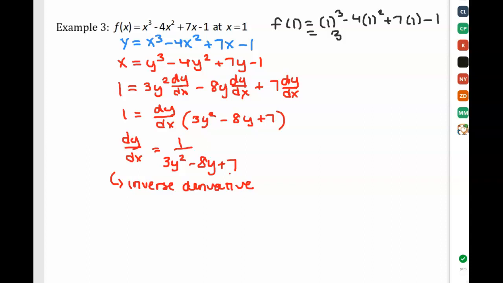So f of 1 is equal to 3. So again, what this question is asking is for me to find f's inverse derivative at 3. So we are looking for f inverse prime at 3. So plugging that in, that's dy dx at 3.